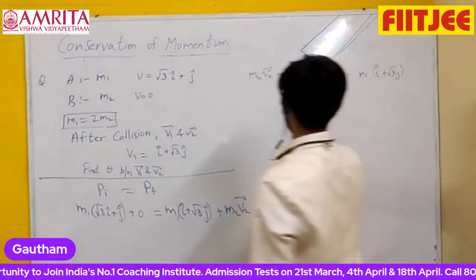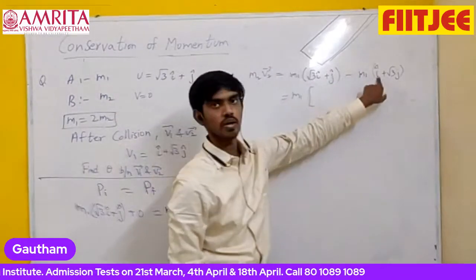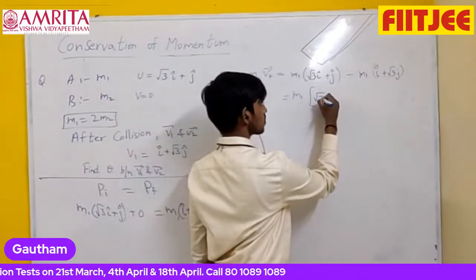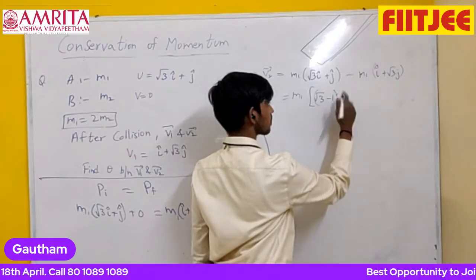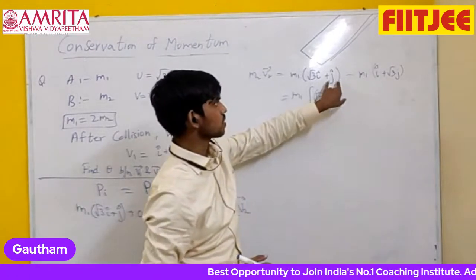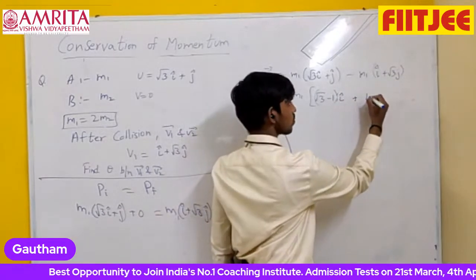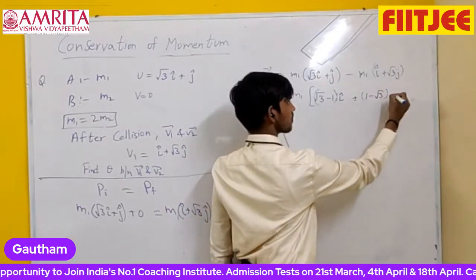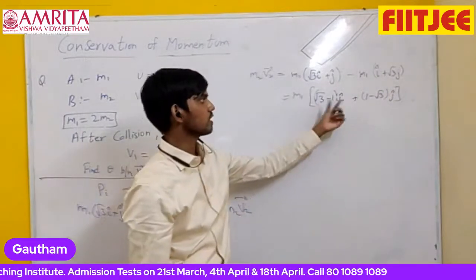Taking m1 common: root 3 i cap minus 1 i cap, so that is root 3 minus 1 i cap. And j cap: 1 j cap minus root 3 j cap, so plus 1 minus root 3 j cap.